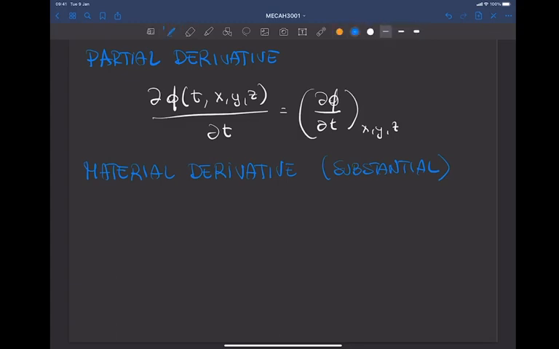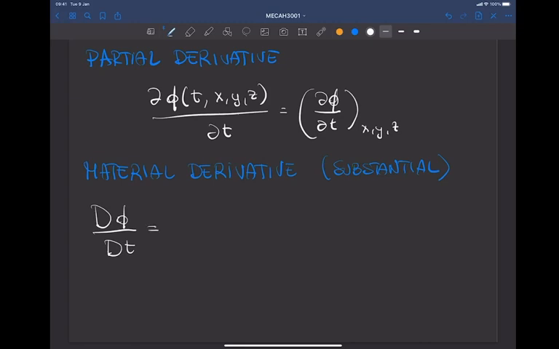So imagine that you have, and this is indicated with this capital D, and the way this is expressed is by using the chain rule. So you know that this is a function which is not only a function of time but also space, because you are moving on the boat.